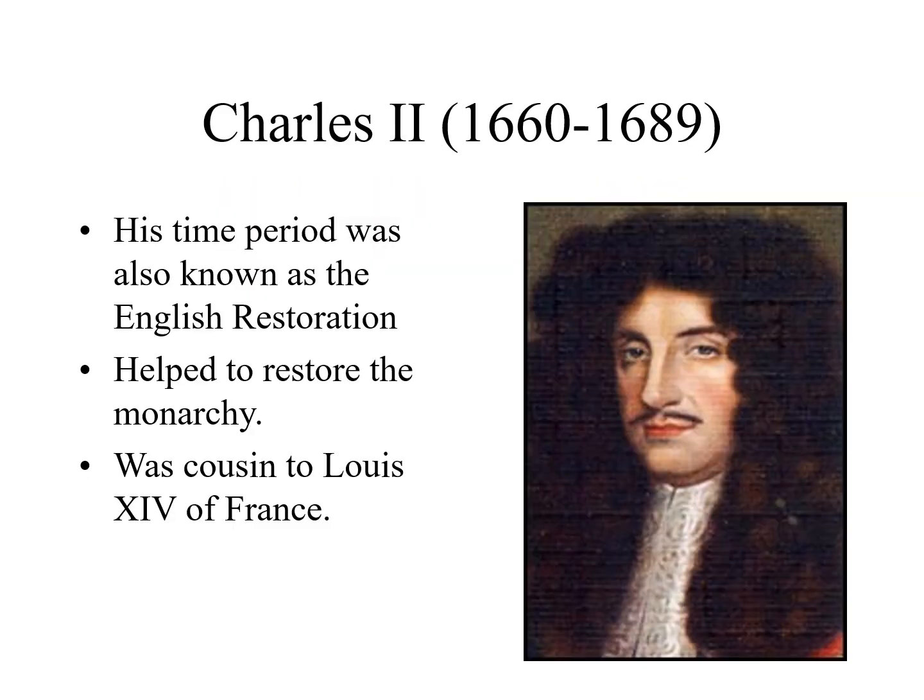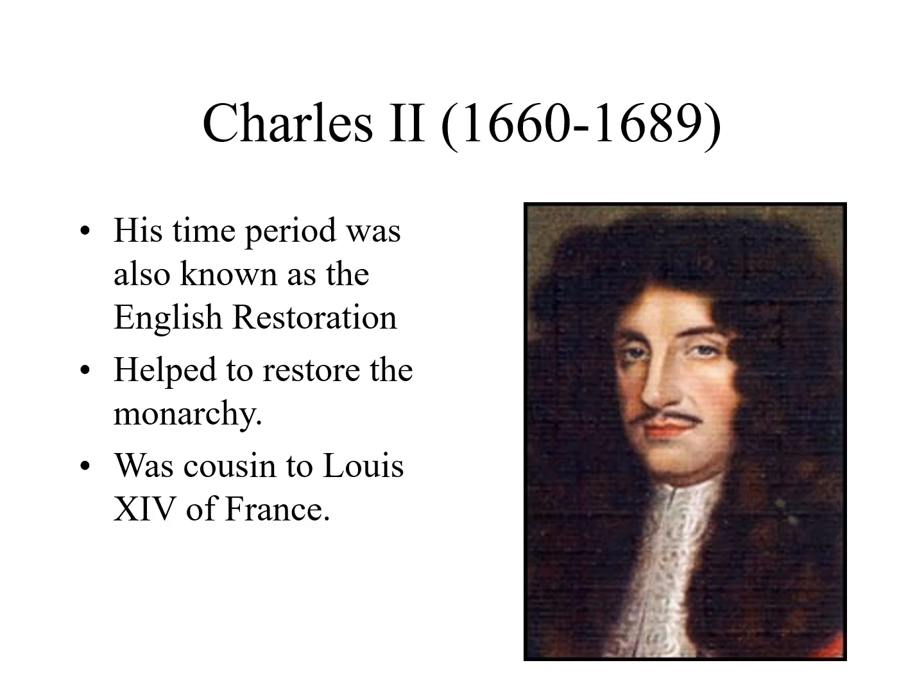The long reign of Elizabeth I was followed by the monarchy of Charles II. Charles II ruled from 1660 to 1689. His time period was known as the English Restoration.